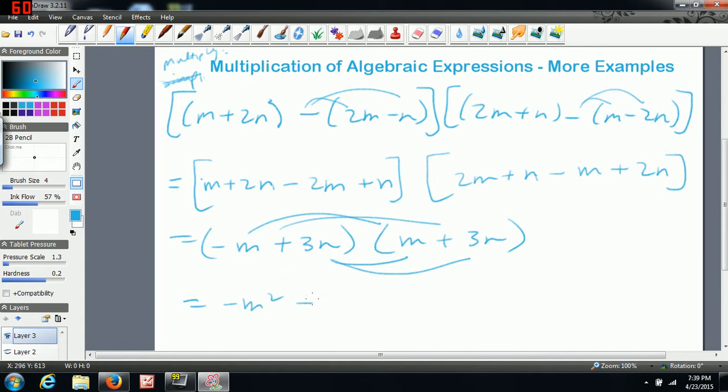Negative m times 3n is negative 3mn, plus 3mn, or I could have written this as nm, same thing. And then 3n times 3n is 9n squared.